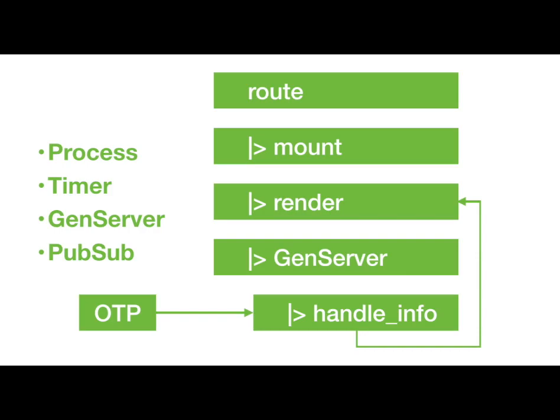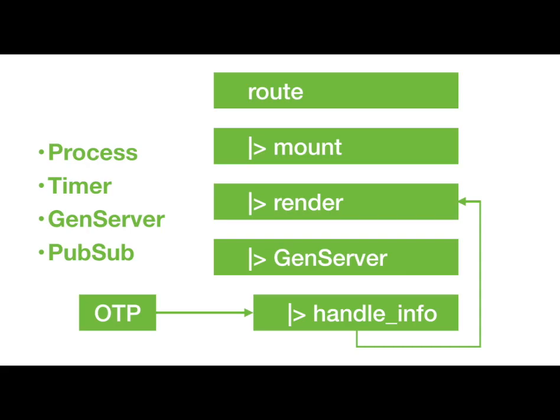And these are the things that you've already used if you're familiar with Phoenix. It can come in through any kind of process, like a timer. It can also come in from another GenServer or a PubSub. Or here's what makes it interesting. There's some JavaScript, not JavaScript that you'll write.